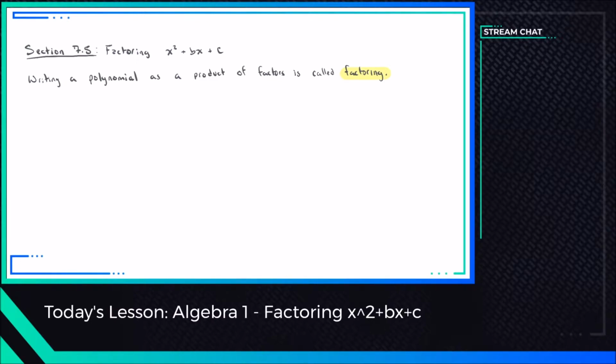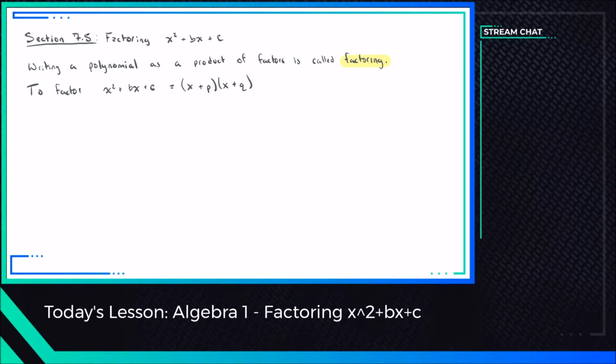And to factor something that looks like x squared plus bx plus c, so any trinomial that is written in pretty standard form, you'll factor it into something like x plus p multiplied by x plus q.